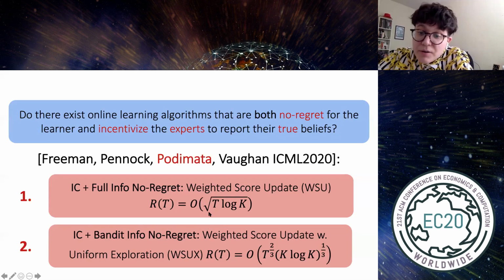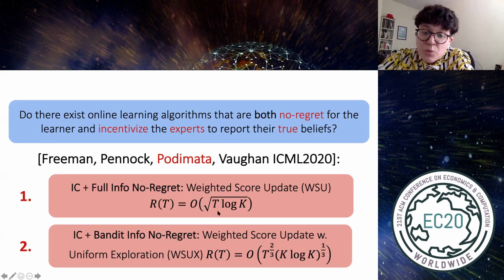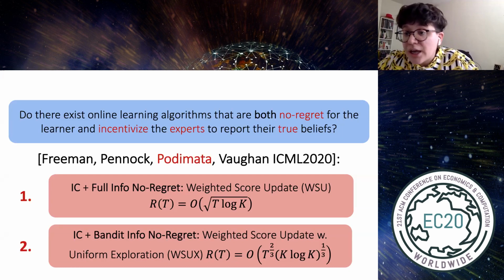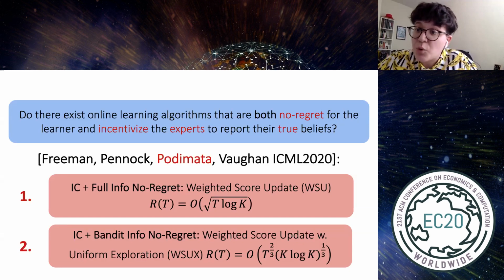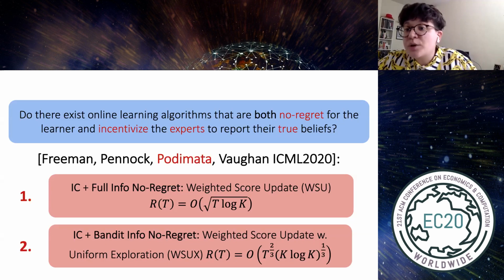So see here, the regret guarantee of the family that we introduced, weighted score update, is exactly equal to the guarantee that multiplicative weights update gets, which is rather surprising, right? Because we put an extra layer of constraint on our algorithms. We want them to be not only no regret, but also incentive compatible. And yet we can achieve the optimal regret guarantees as the non-IC algorithms would achieve.